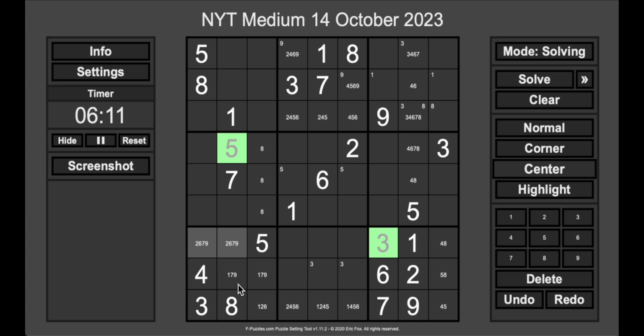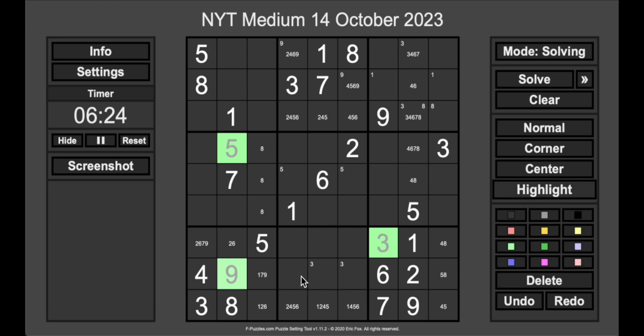But wait a minute, this actually sees 1 and 7 along with 2 and 6, so that's a 9. This can't be 7 or 9. And now that's not 9. And neither is that.